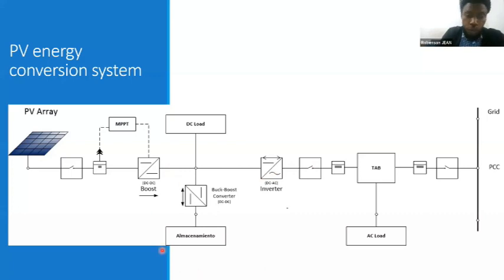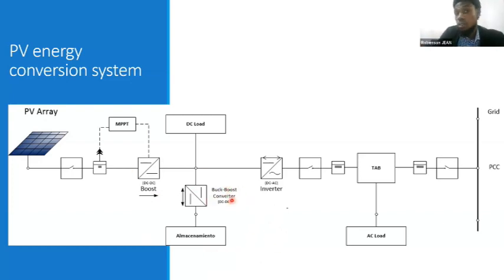And also, if we want to make compensation, load leveling, peak shaving, or address power quality for more reliability, we can use a battery energy storage system. And to do that, we use a buck-boost converter.